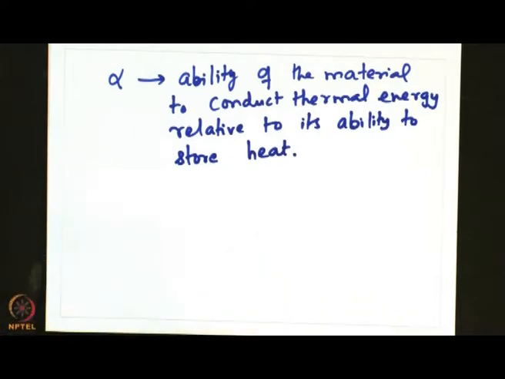So, with these definitions, what we will start from the next lecture is looking at how to write heat balance in order to estimate or find the temperature distribution in the system that is being considered.